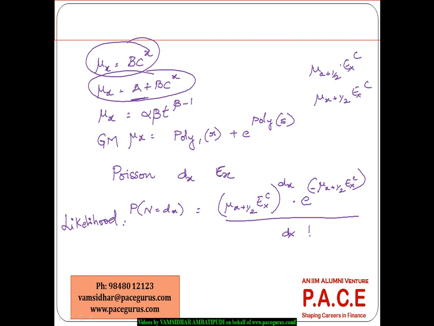So this will tell me the probability of finding dx number of deaths using the fitted formula. Now in reality I would have some other number of actual deaths. So I can test out the accuracy of the fitted value to that particular data using the appropriate assumptions.